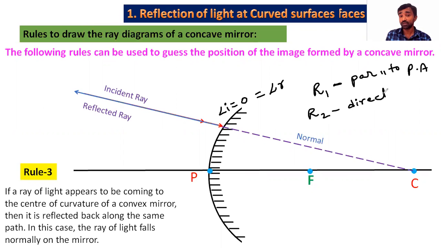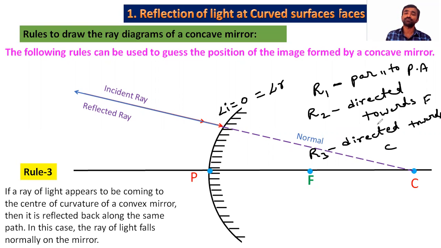Directed towards the focus. What is R3? Directed towards the center of curvature. Right? These are the three rules we can follow in the construction of ray diagrams for a convex mirror. These rules help you to draw the ray diagrams of a convex mirror.